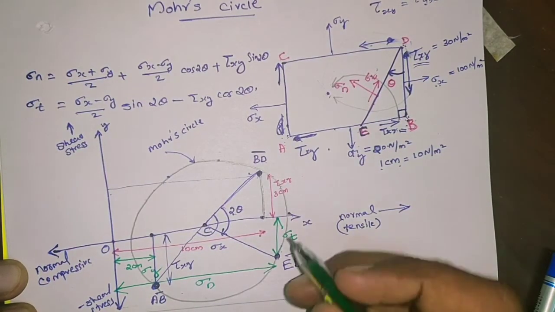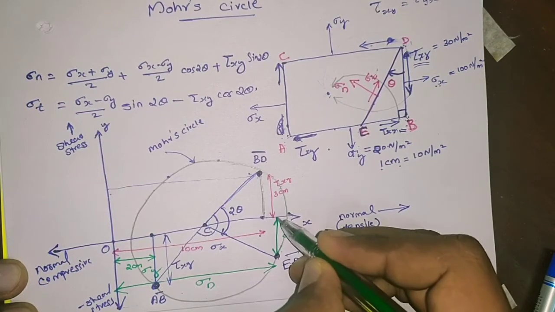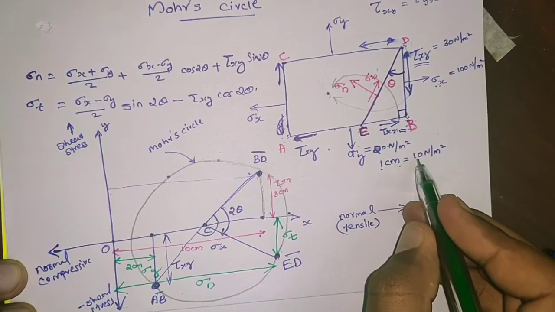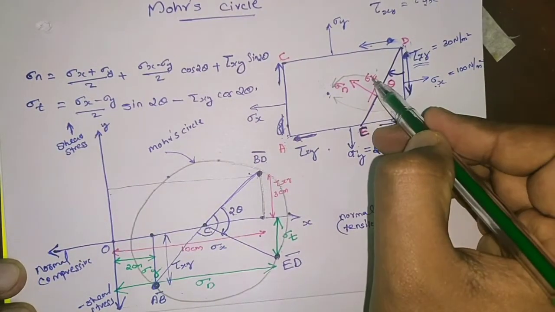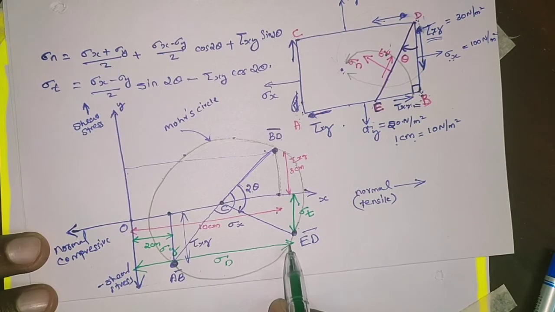So take a scale and measure this length. For example, if this is equal to 2 centimeter, 2 centimeter is equal to 20 Newton per meter square. Then again measure this length, and for example, if it is 11 centimeter.